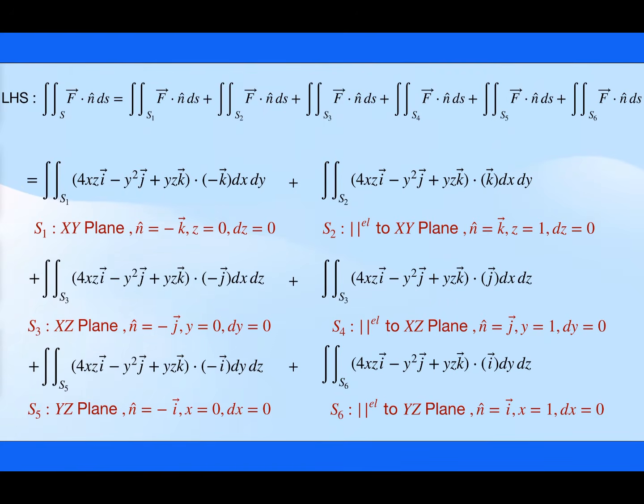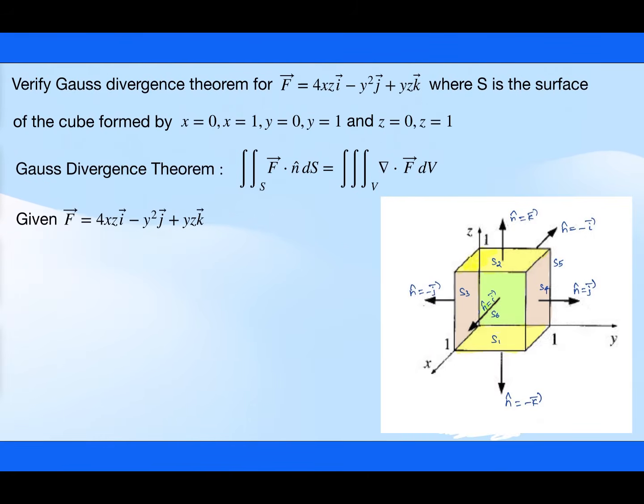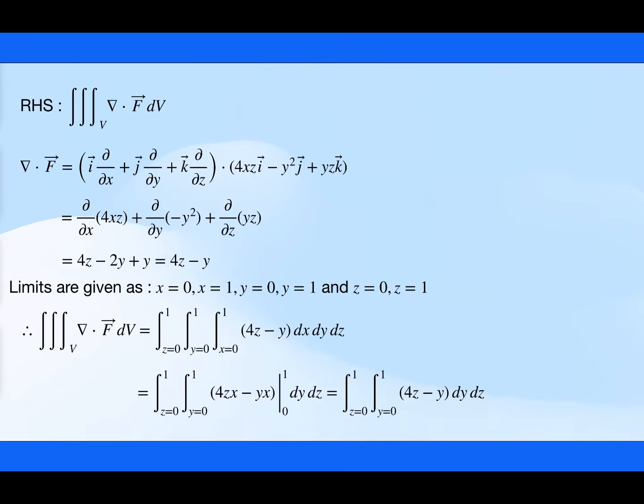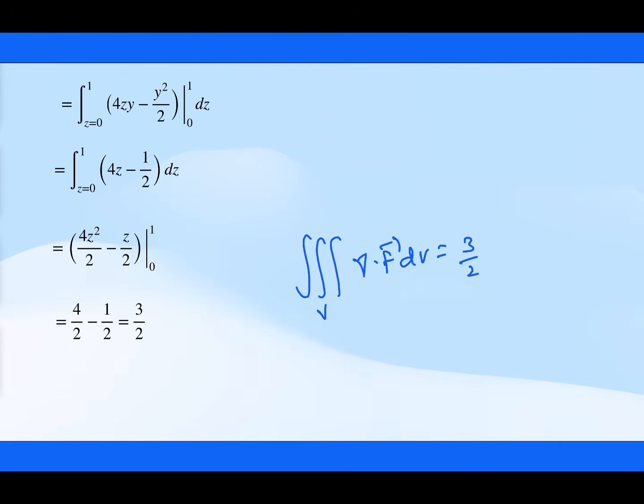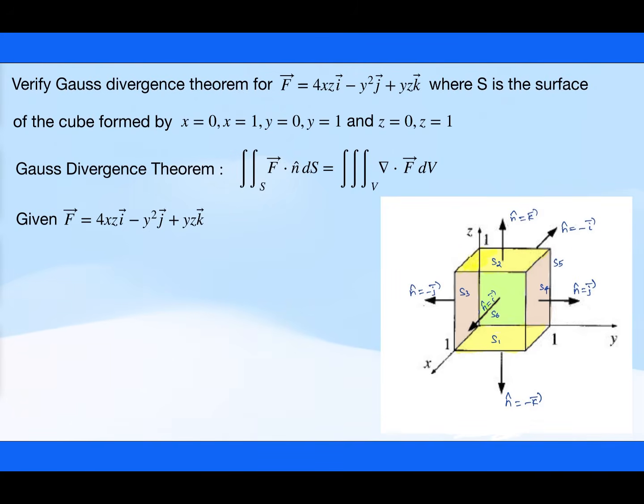As I told you very clearly, you can see this picture. This picture has got 6 surfaces: S1, S2, S3, S4, S5 and S6. And also I have drawn, so you can clearly see here in the xy plane, of course, z value is 0, and parallel to the xy plane you have this z value is 1, right?